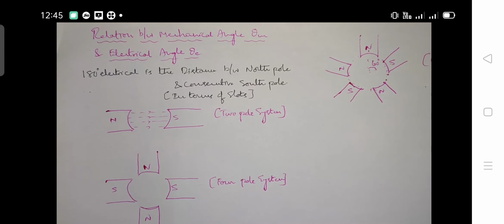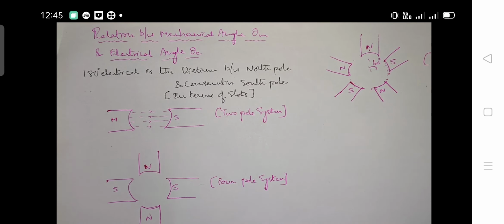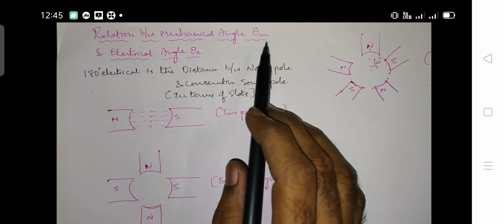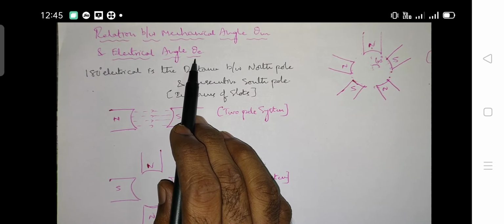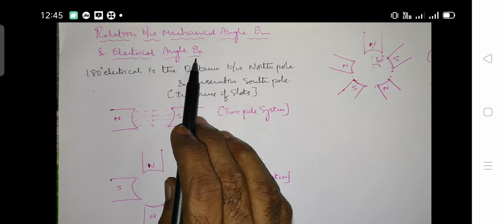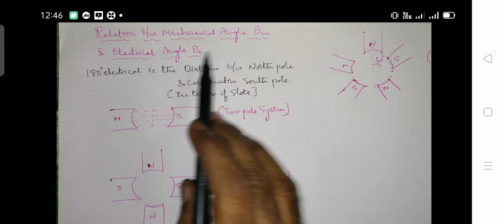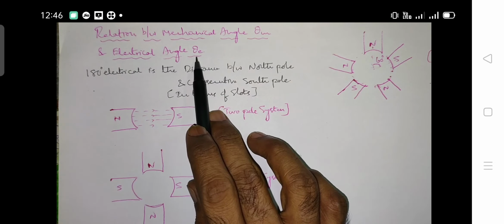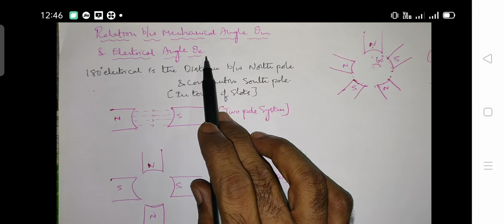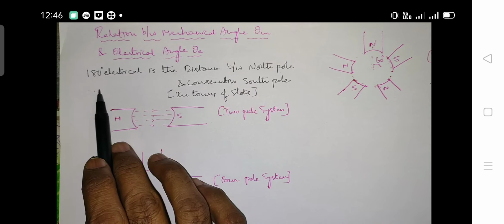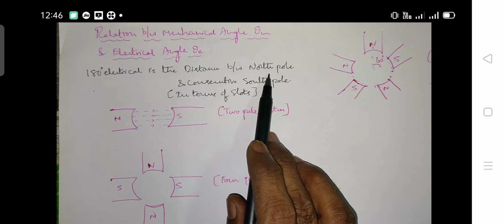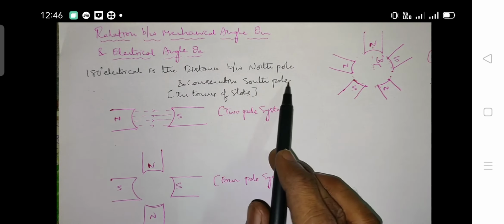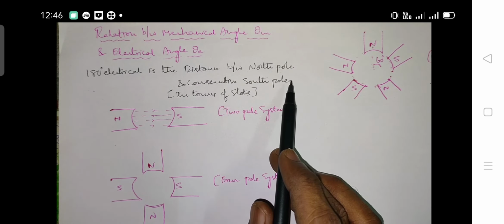Now let me explain the relationship between the mechanical angle theta m and the electrical angle theta e. Generally these are represented in terms of theta m and theta e. 180 degrees electrical is considered as the distance between the north pole and the consecutive south pole of a magnetic field system.